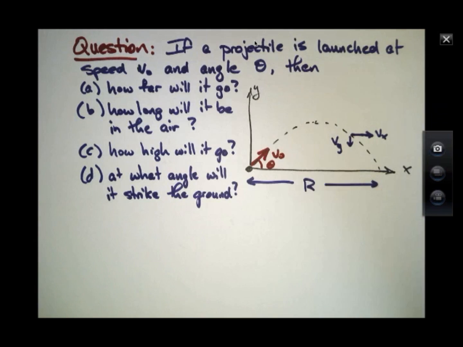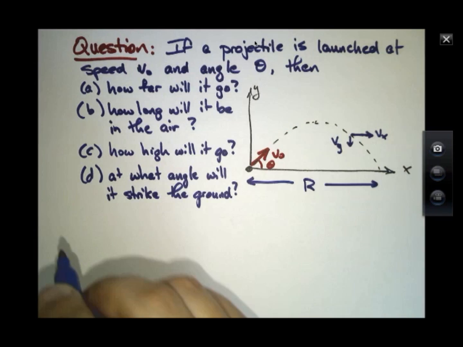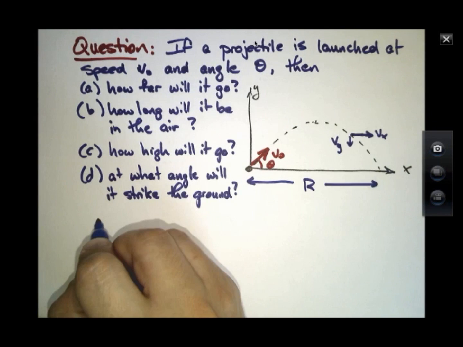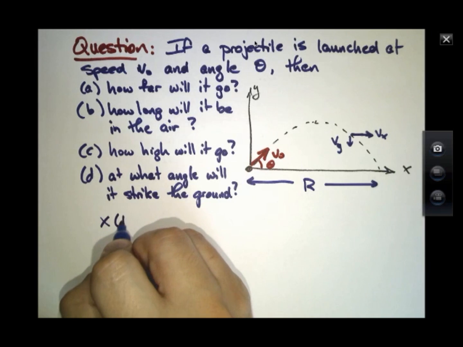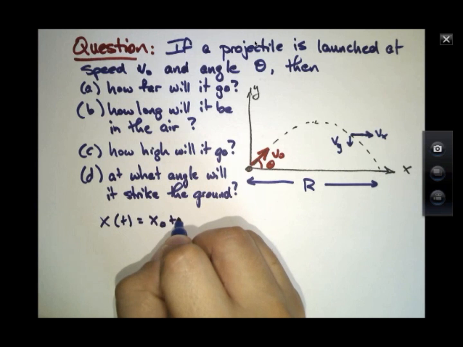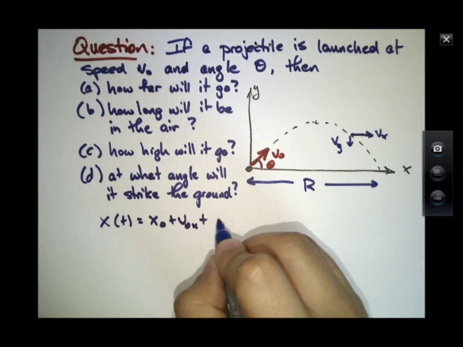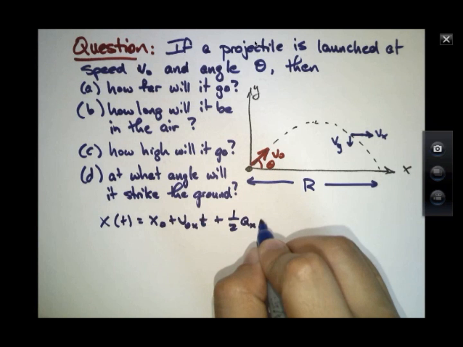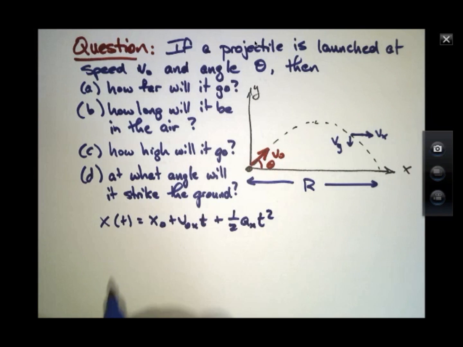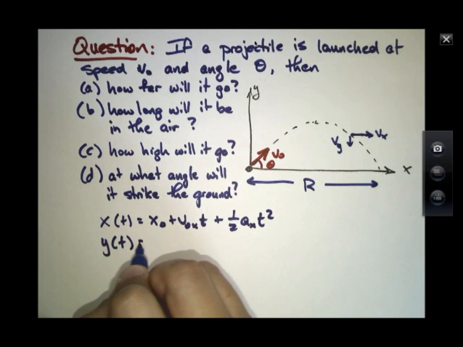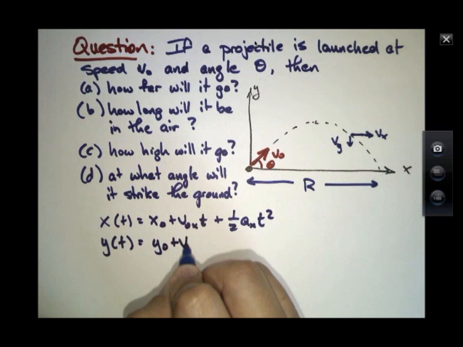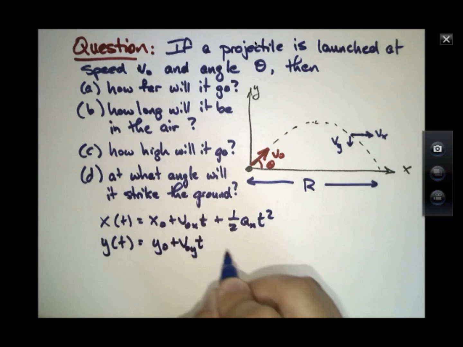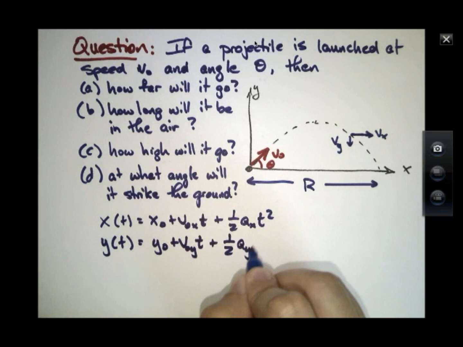Before we get started on any of these questions, it's important to remember that the equations of motion for this ball are the same in the x and the y direction. In other words, x of t is just x naught plus v naught x t plus 1/2 a_x t squared, and y of t is y naught plus v naught y t plus 1/2 a_y t squared.